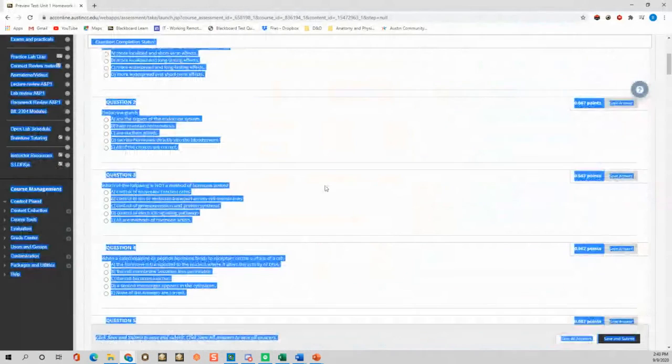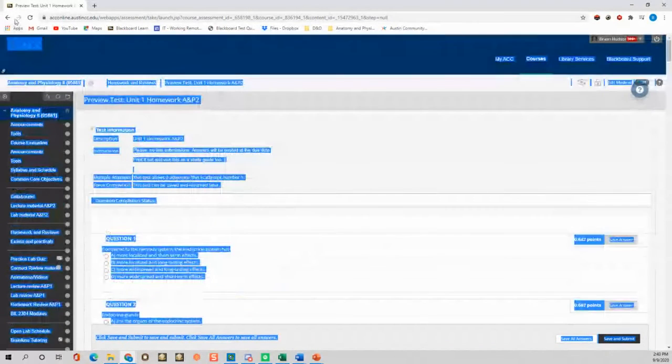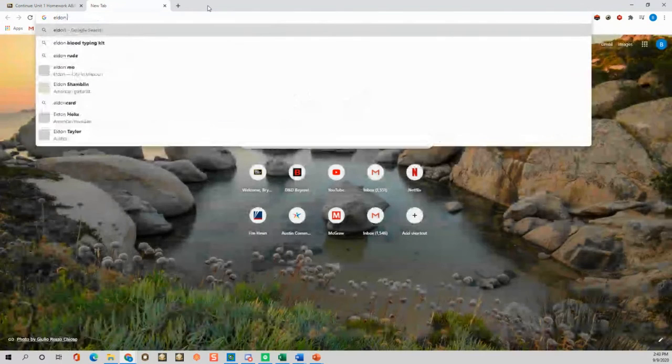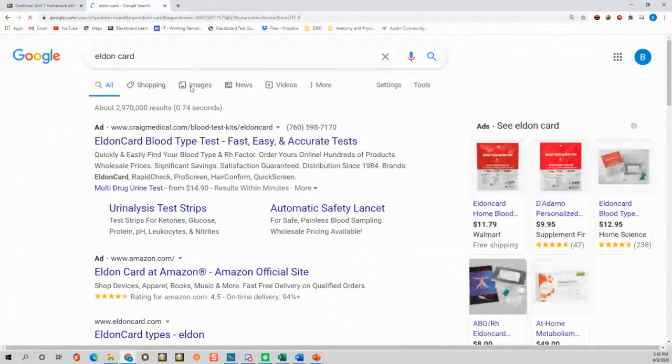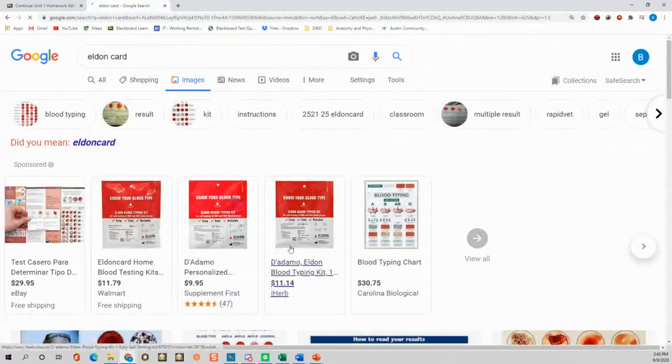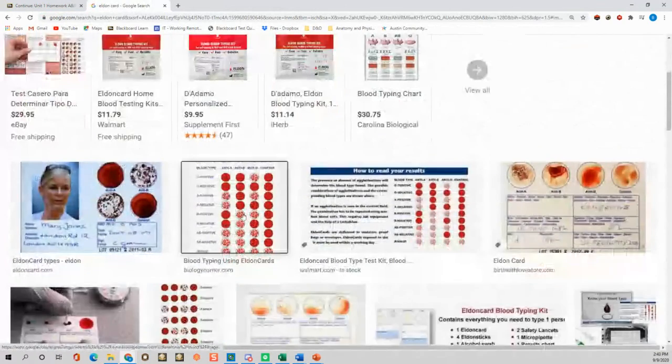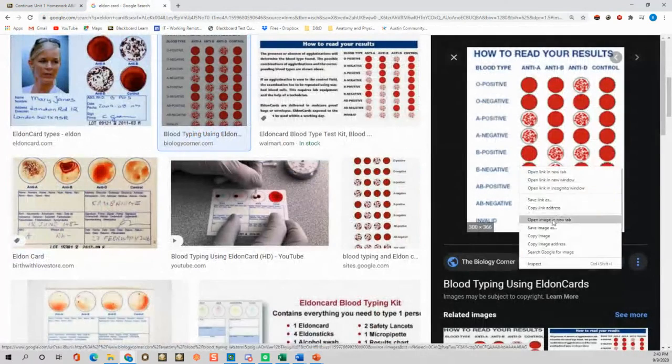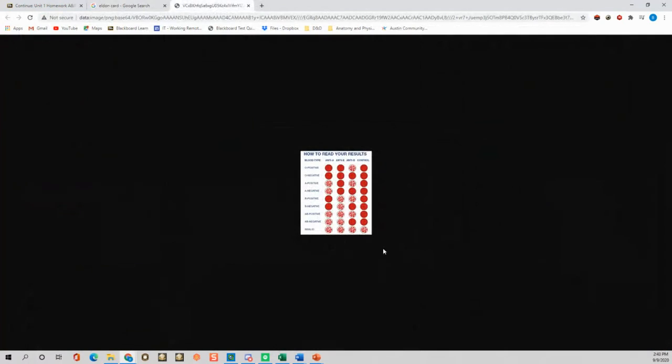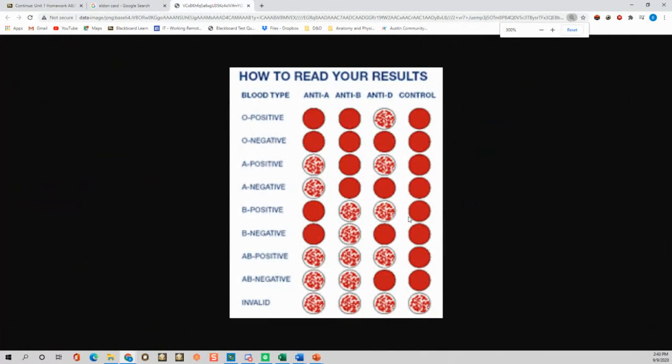Let's look at this real quick. Let's go ahead and search Eldon card on the internet, right? And you can look up images for those Eldon card tests, and you can actually see a great example. So I'm going to go ahead and open that image in a new tab. Tiny, but that's okay. Look, I'm an O positive blood. What antigen do I have?